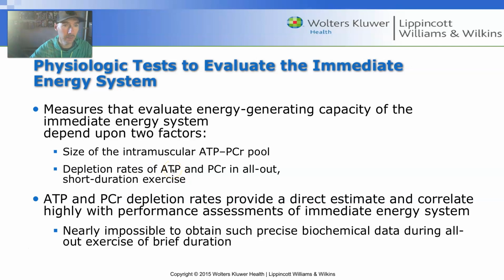Another factor that could cause them to score poorly on the test is they're fatigued, and therefore their PCr is depleted from some prior activity. So it's very important when you're doing tests to evaluate the immediate energy system that you make sure the athlete is fresh and not fatigued, because that test will really be negatively impacted if somebody is tired before they do it, right?